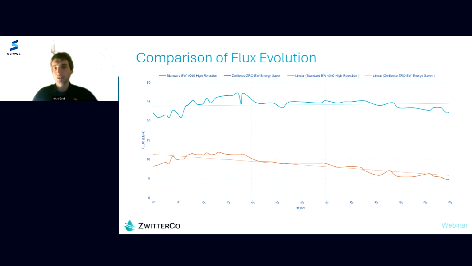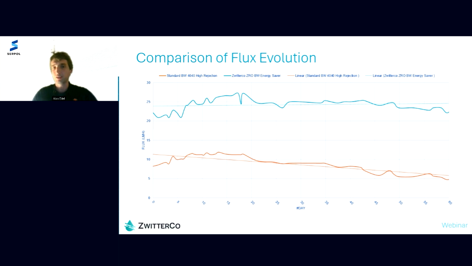You can see on this graph the flux, so the production of permeate per square meter. We ran the test for only 2 months because, as you can see on the red curve, the flux was decreasing more and more, and we had to stop because we weren't meeting our performance engagement with our contract.